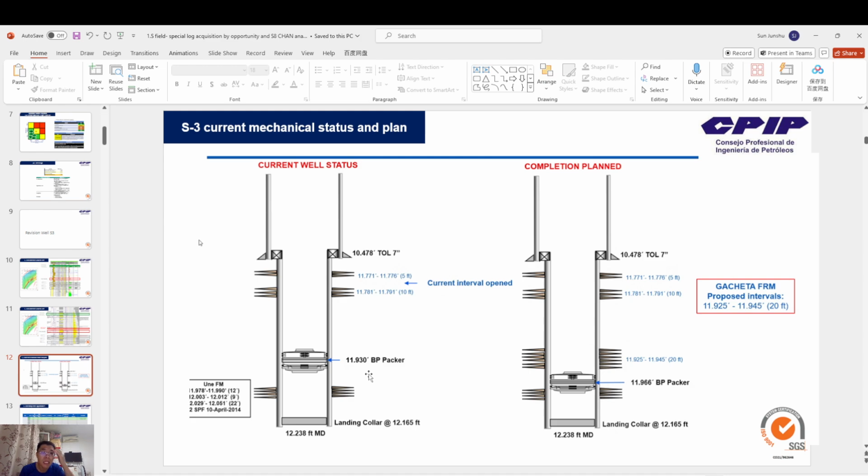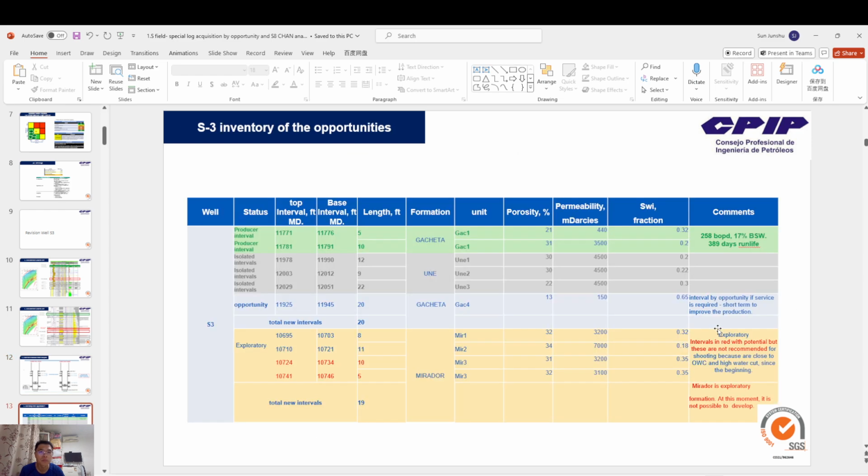This is the completion plan, which includes making the packer a little deeper to 11,966 feet of MD, and then opening the new sands of 26 feet. This is the proposal interval. S3 inventory of the opportunities.